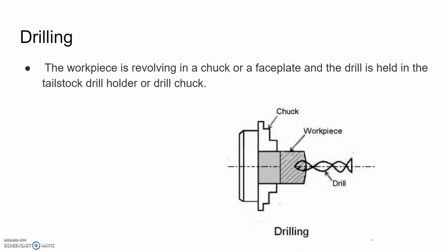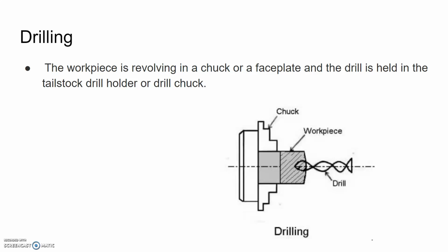And drilling. So you can drill a hole on something using a lathe. Typically we think of a drill as the drill bit spinning, like a hand drill or a drill press or a milling machine or any basic other type of drilling machine. The drill bit is what spins. On a lathe, it's the exact opposite. The drill bit is held tightly in the tailstock with either a drill holder or a chuck, and the workpiece rotates.